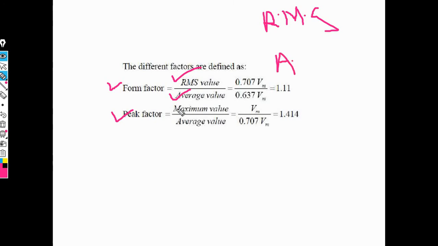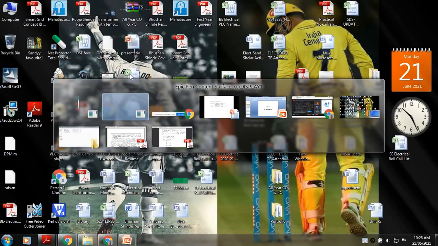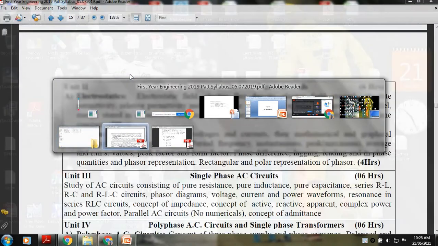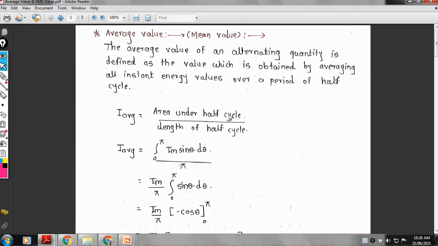These two definitions, form factor and peak factor, are very important. Now we have to explain the expressions for average value and RMS value, starting with the expression for average value.